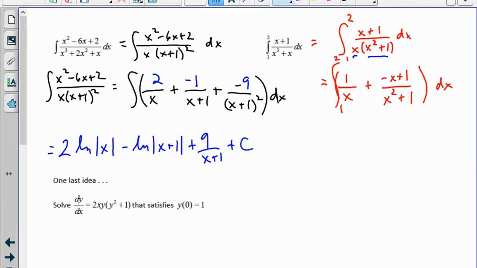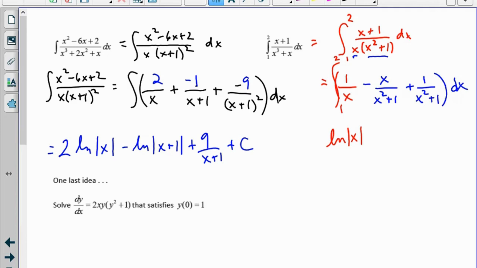The integral of 1 over x is the natural log of the absolute value of x, and I'm going to take the integral of this and turn it into something that's a little bit easier to integrate, so we'll separate the numerator. So instead of writing negative x plus 1 over x squared plus 1, we will write this as minus x over x squared plus 1 plus 1 over x squared plus 1.